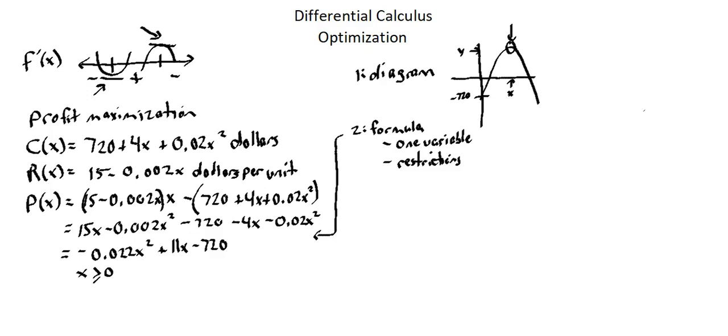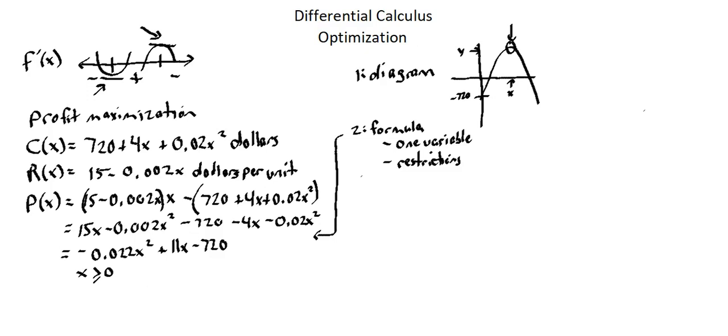If we have a money-losing operation, there is a possibility that we just don't want to make anything. There is no possibility for profit, and therefore maximizing production at 0 would have profit of 0. That might be the highest profit possible. But we can't manufacture a negative number of units. So our restriction is that x is greater than or equal to 0.